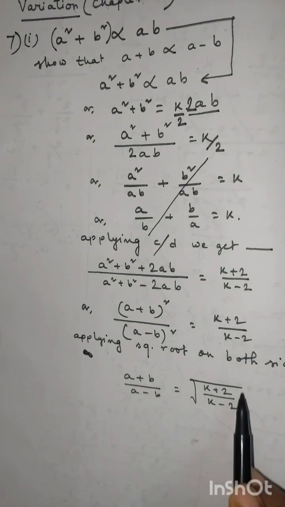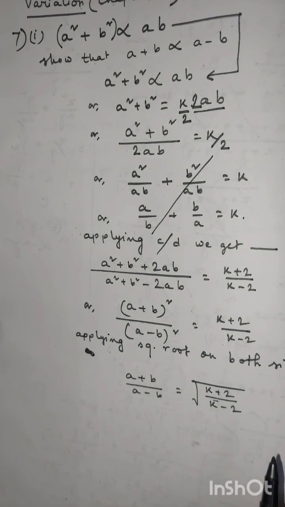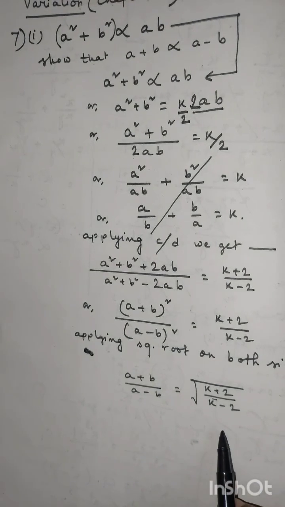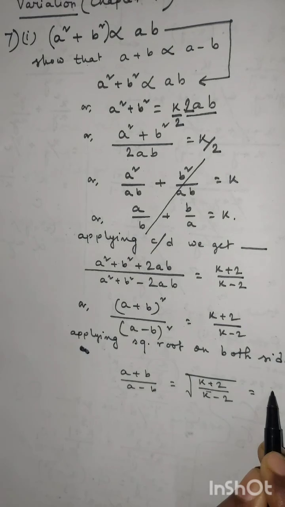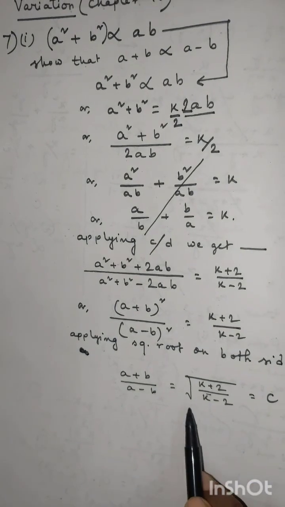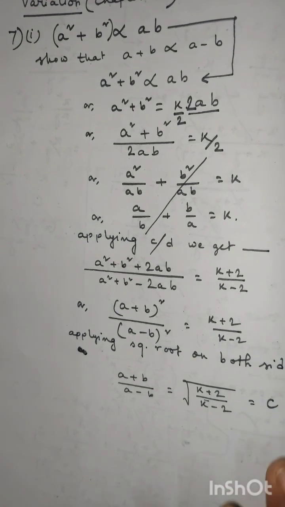So this is a constant, as k is a constant. So this is a constant, k plus 2 by k minus 2. This is a constant, so we can write this as c. So root over k plus 2 by k minus 2 is c. So this is a new constant.